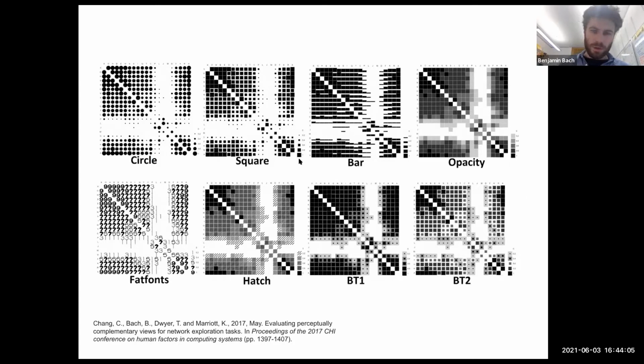It wasn't really super conclusive because it depends on so many different factors, of course. It's just to give you an impression of what we could do and how these different encodings can show you the density of a cluster or the strength of your links, for example, in matrices. And if you look at these patterns, it's much more detailed information than when you show the width of a link in a node-link diagram. Okay.